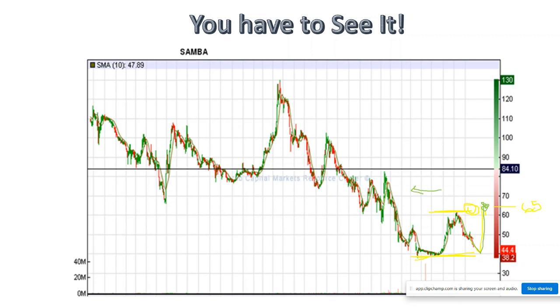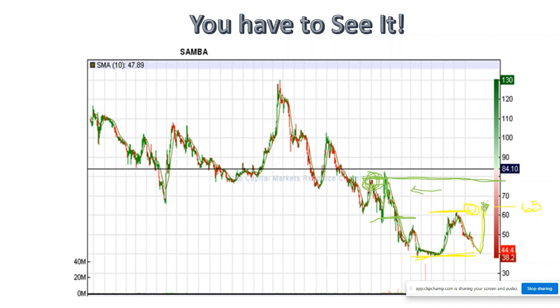So as you can see, where was the last resistance at? Last resistance was, well, this is under your buy point, so the last resistance is here, right here. That's the resistance, right?